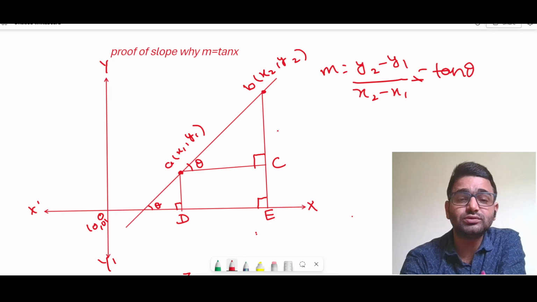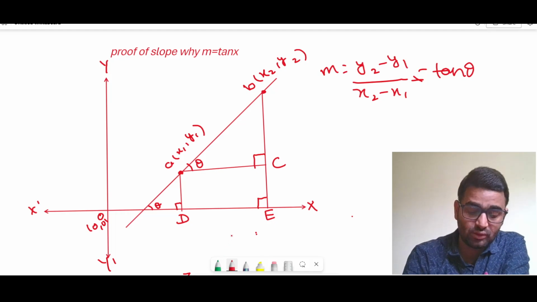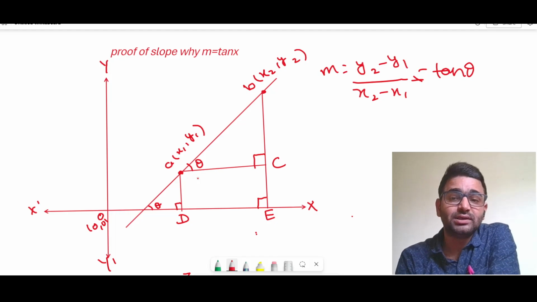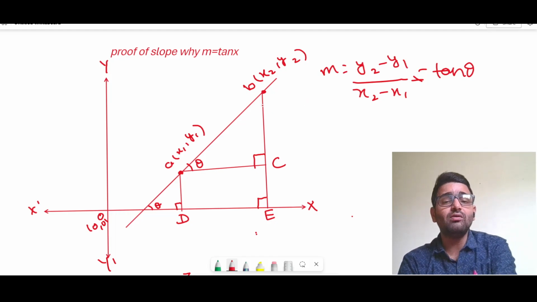Why it is tan theta, we will see after this proof and come to the conclusion. So if you have understood what slope is, the slope is nothing but the angle theta made by the line with the positive direction of the x-axis. Now come to the point.